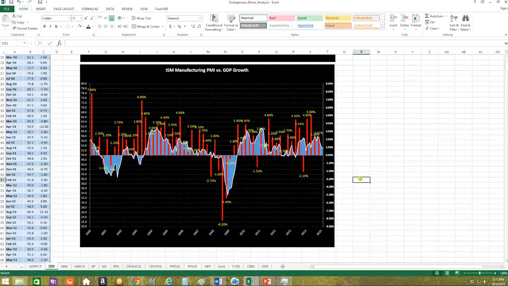So the 4 things to remember with the ISM, the 4 things to really understand, are the principles of growing and contracting. So 50 and above predicts growth, 50 and below predicts contraction, but also we have peaks and troughs. The peaks in the ISM are when inflation essentially is extremely high and potentially out of control, and then we can enter deflationary conditions.